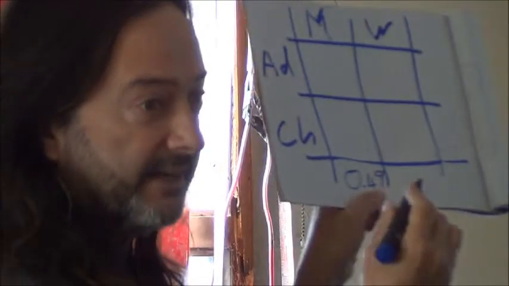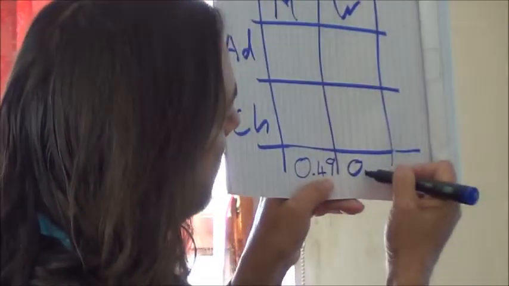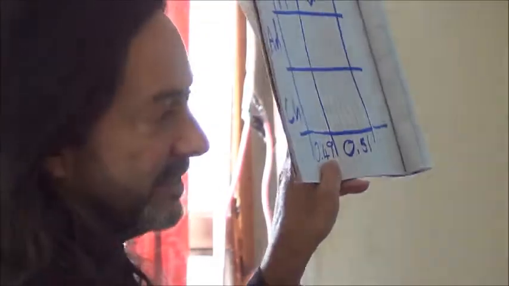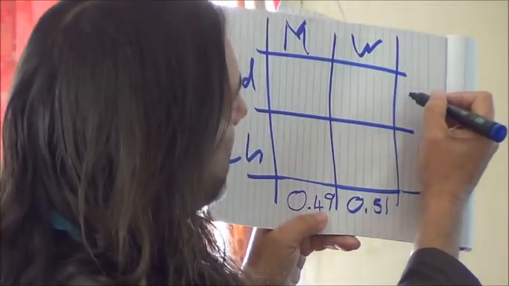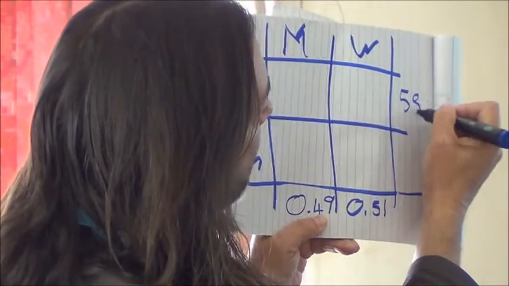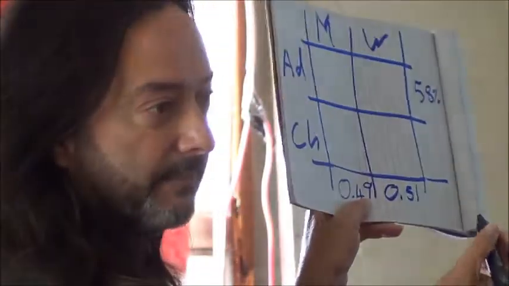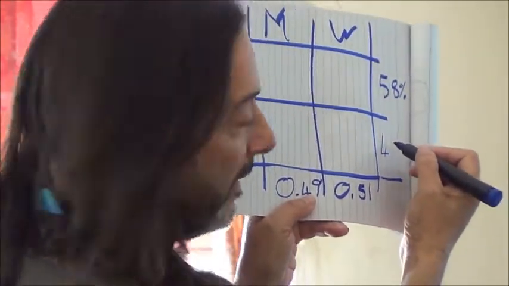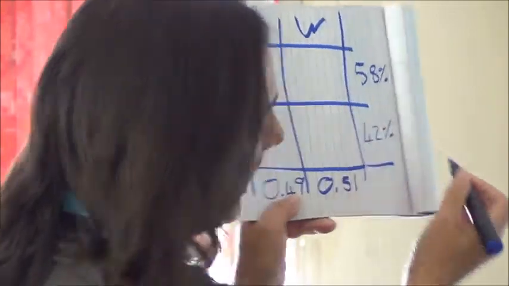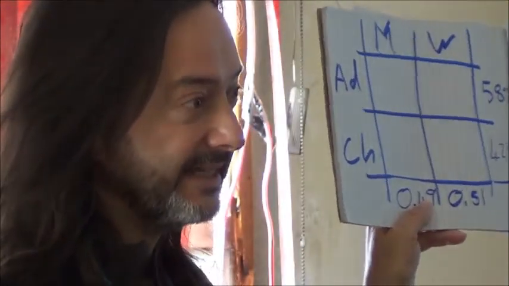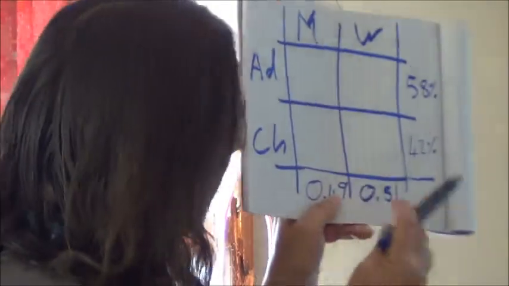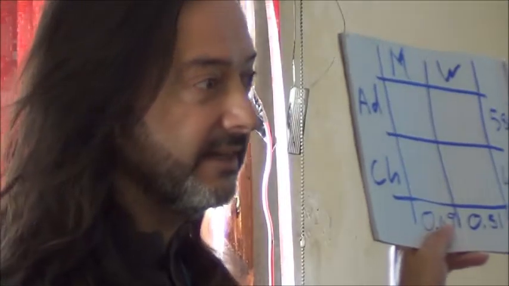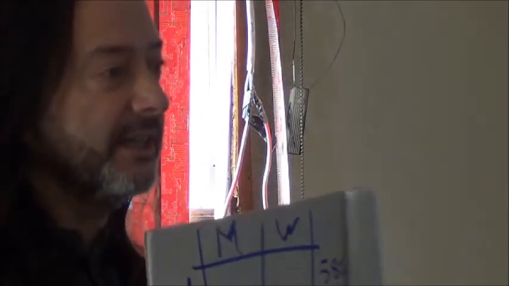Males make up 49% of the Pakistan population. Females make up 51% of the Pakistan population. Adults make up 58% of the Pakistan population. And children under the age of 18 make up 42% of the Pakistan population. That's from the Pakistan census. Now, the computer will do that calculation behind the scenes. Those are the averages that the computer will use if you leave those columns blank.